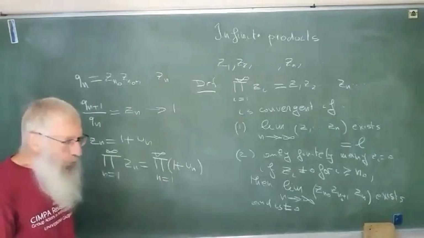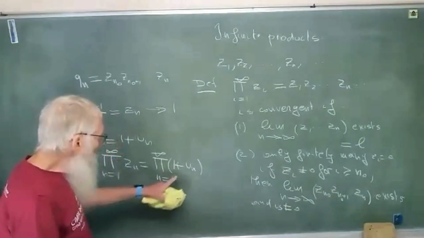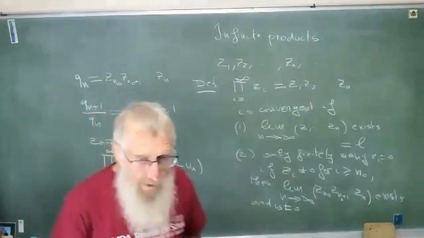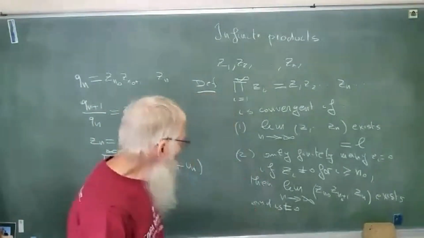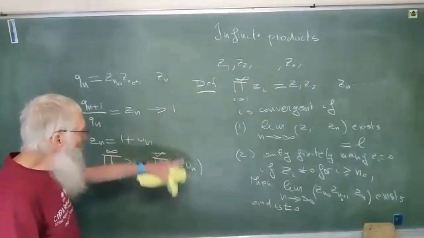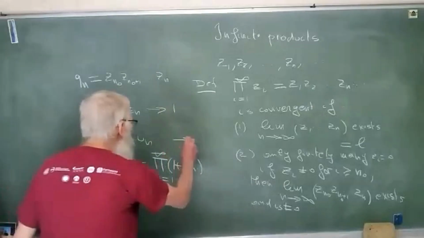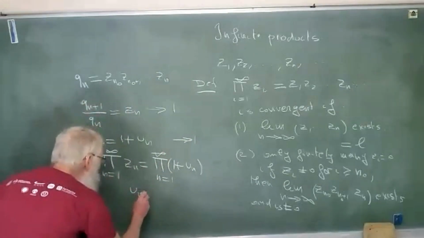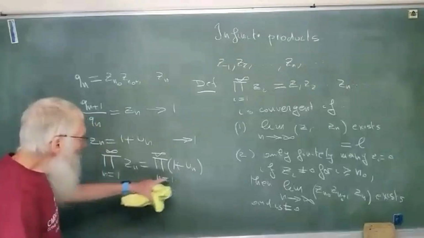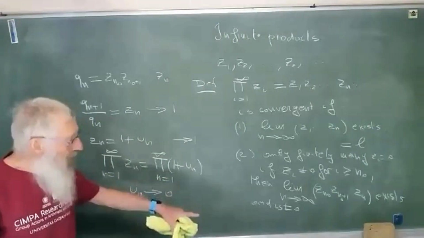It is tempting to use what I said about the logarithm and to take the logarithm. When we have a product, it's natural to take the logarithm. Because of what is written here, Zn tends to 1, and so un tends to 0. And so we can take the principal logarithm of 1 plus un, at least if n is sufficiently large.